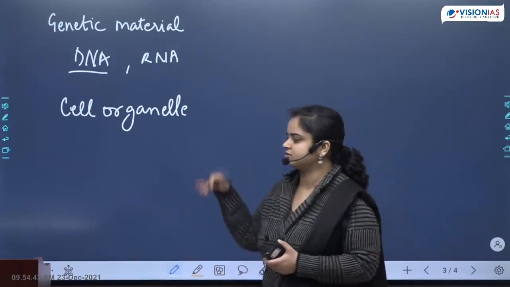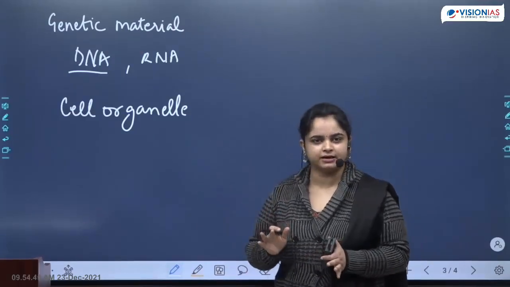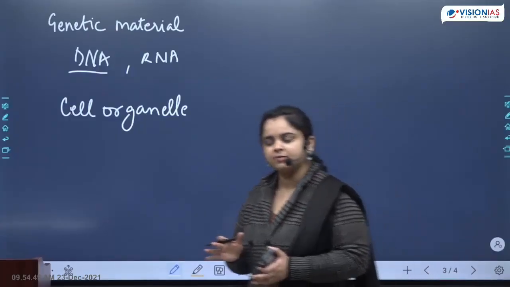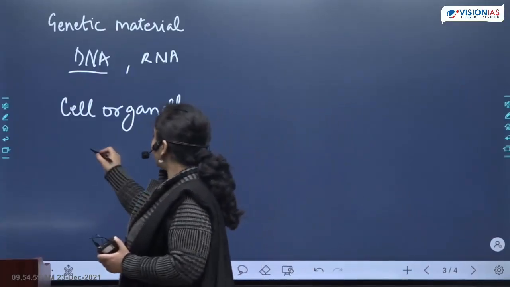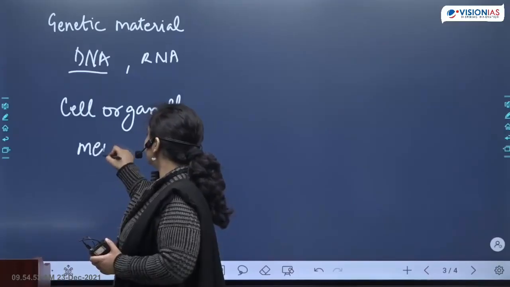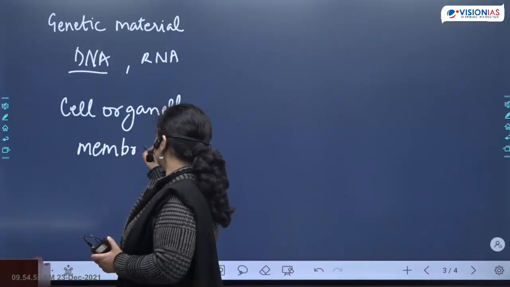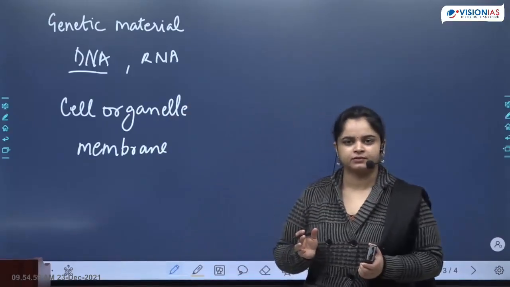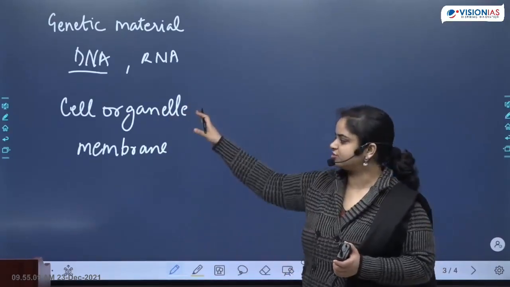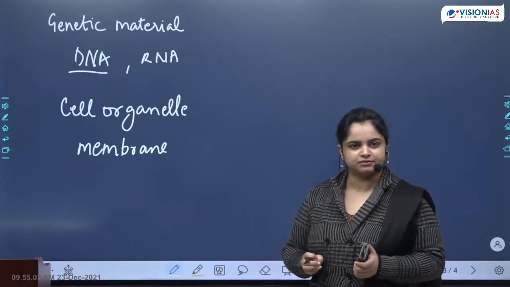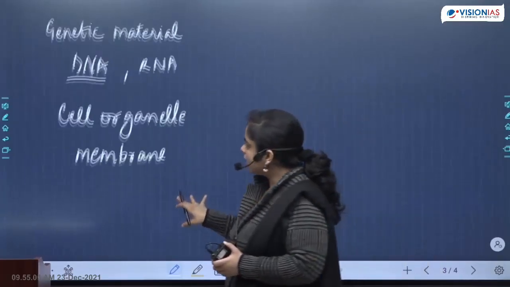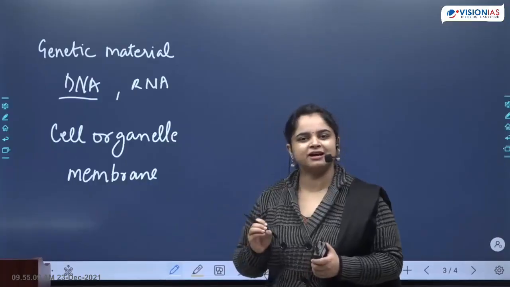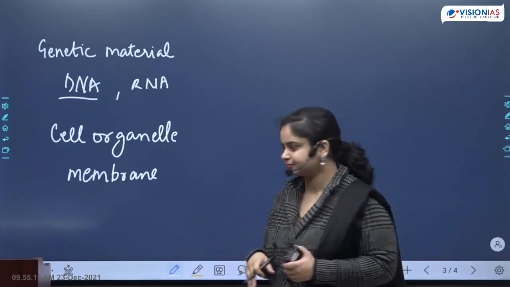But here I am just bringing up the basic idea. When these cell organelle are present, their structures are covered with a membrane. So membrane you can understand as a covering. It's like a covering. So these structures, they have membranes. Okay. Now, based on these 2 points, we are going to develop our next classification.